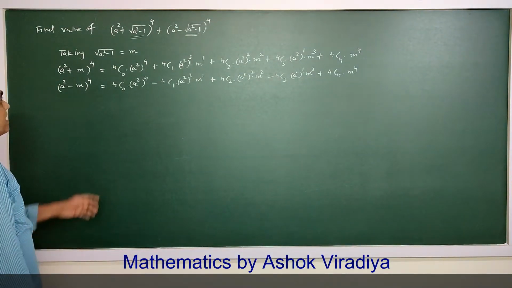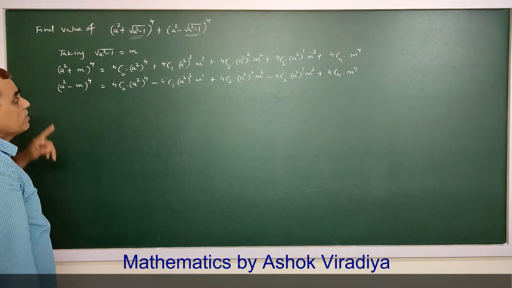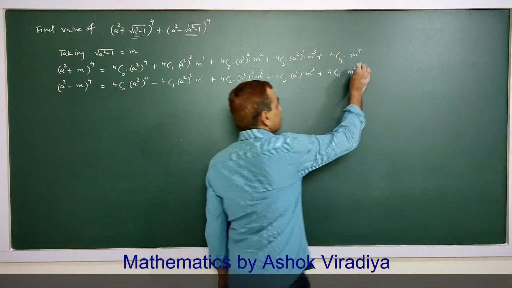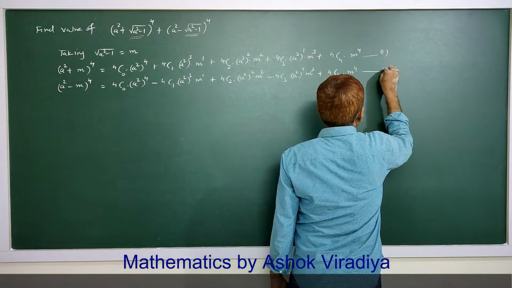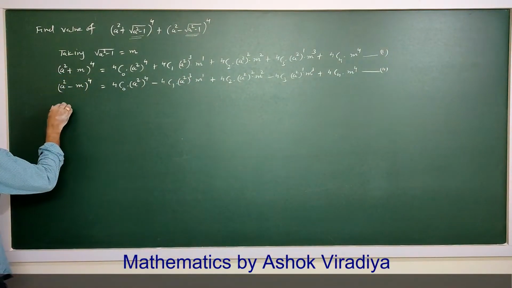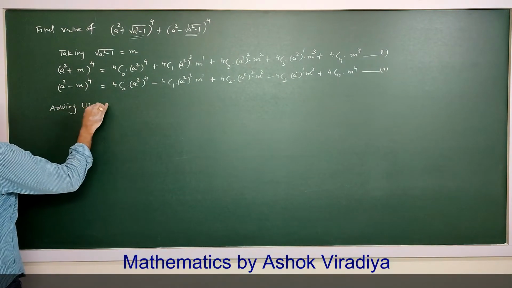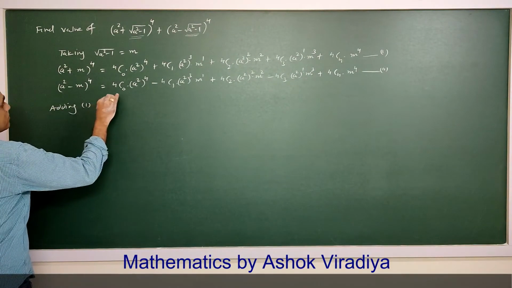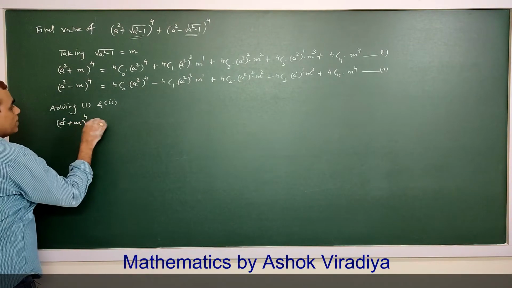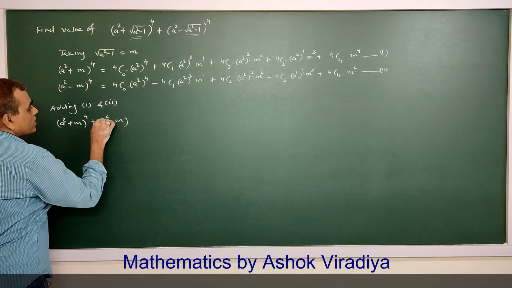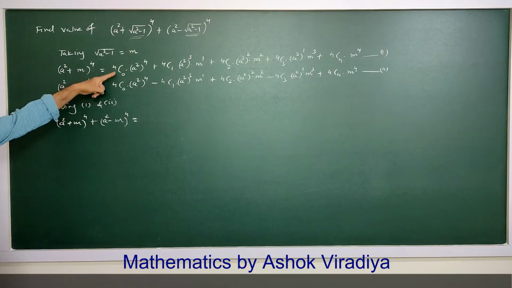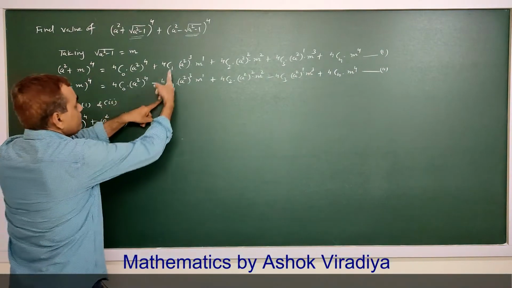Now we want the addition of these two numbers. So adding 1 and 2, (a square plus m) raised to 4 plus (a square minus m) raised to 4 is 2 times, this will be cancelled.